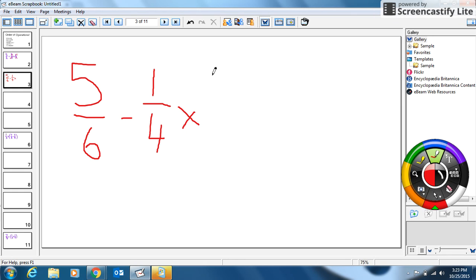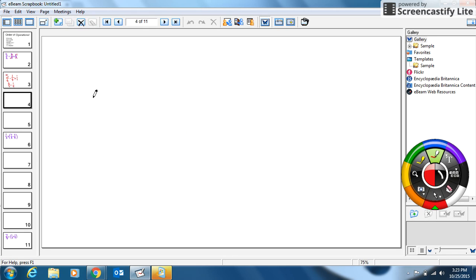So, all right, so 1 times 1 is 1, 4 times 1 is 4. So now what we're really left with is 5/6 subtract 1/4. I'm running out of room, so I'm just going to rewrite this on the next page.